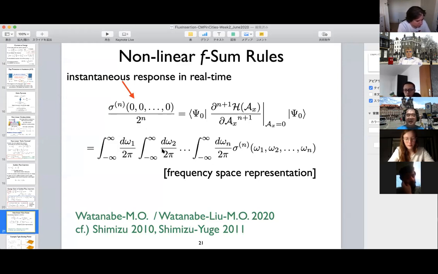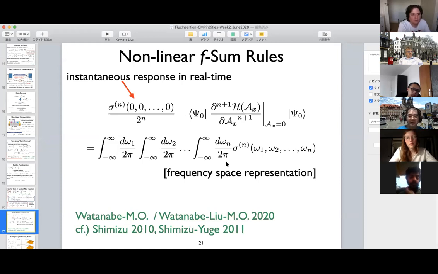So this actually is nothing but so-called f-sum rule of conductivity. And again, this f-sum rule for linear conductivity is well known, has been discussed over many years. And you can reproduce the well-known f-sum rule for linear conductivity by putting n equals 1. But here, I automatically obtained the f-sum rule at every order of nonlinear conductivity, like second order, third order, fourth order, whatever.